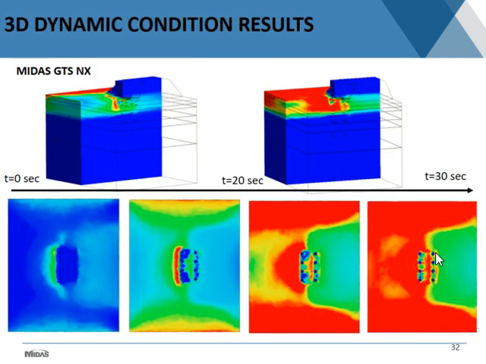Now, moving into the 3D, this is something that we did only using Midas. We just used the 2D model and extruded it in the perpendicular plane, and we did that to see what would be the difference in terms of behavior.